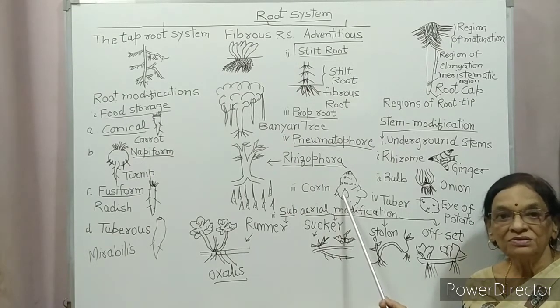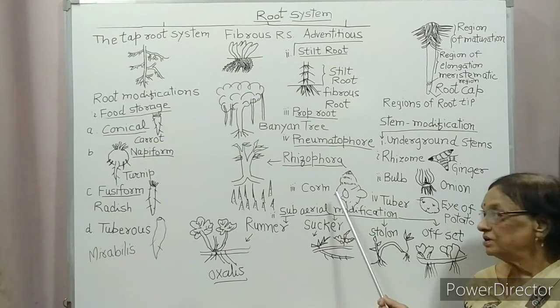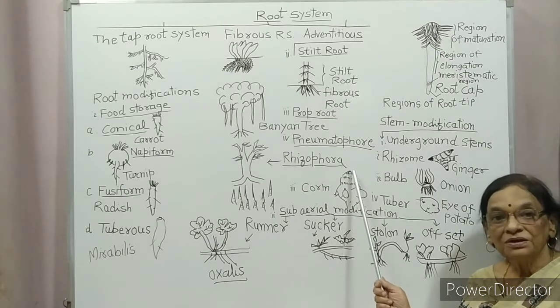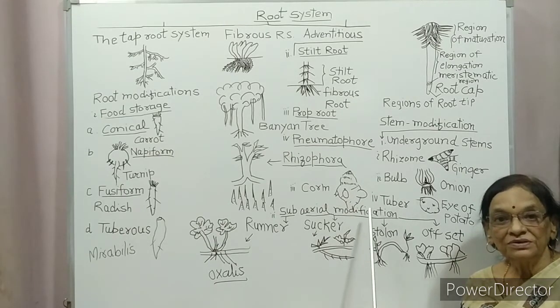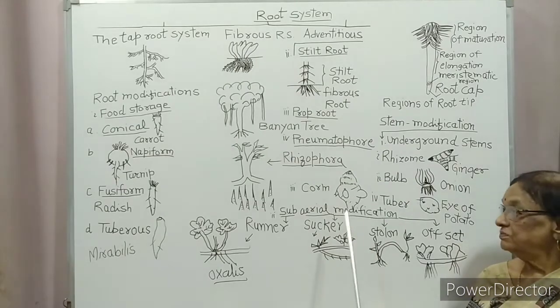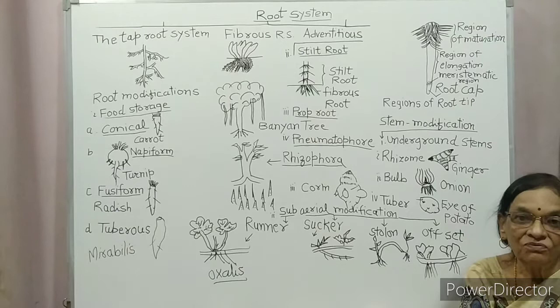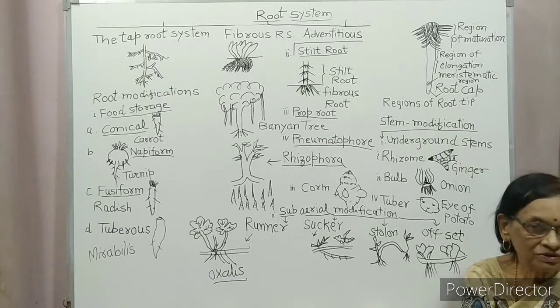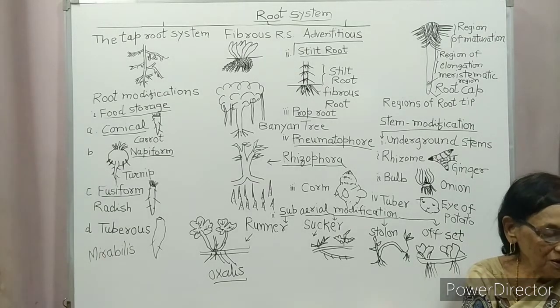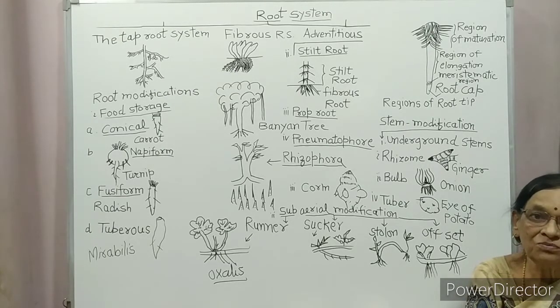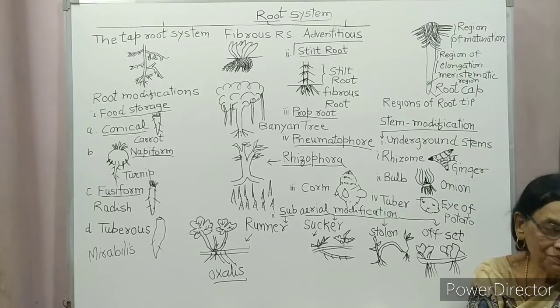So the stem is very large, somewhat flat and round, and bears axillary bud, apical bud, and adventitious root. So these four are modifications for food storage: rhizome, bulb, corm, and the tuber.